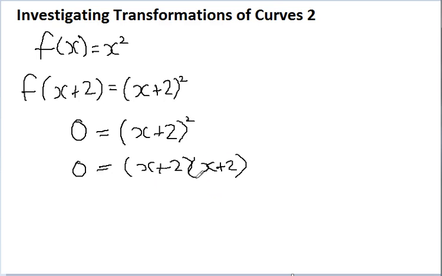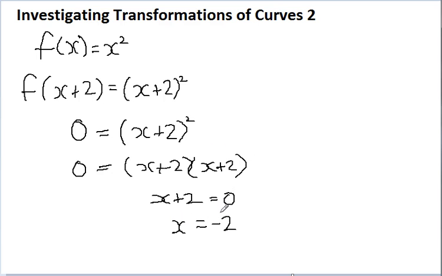Well, this equation here is only true if either this is 0, or this is 0, or both are 0. So, because they're both the same, that tells us that x plus 2 is 0, which means that if I take away 2 from both sides, x is equal to minus 2.